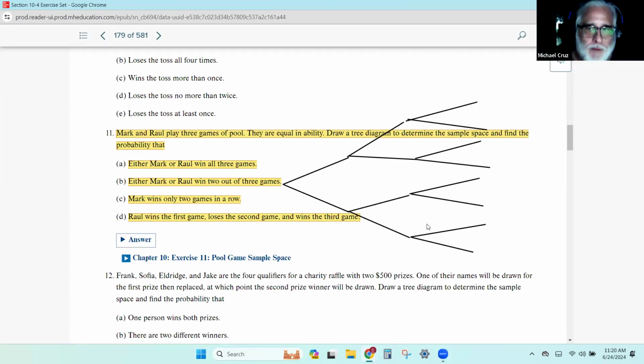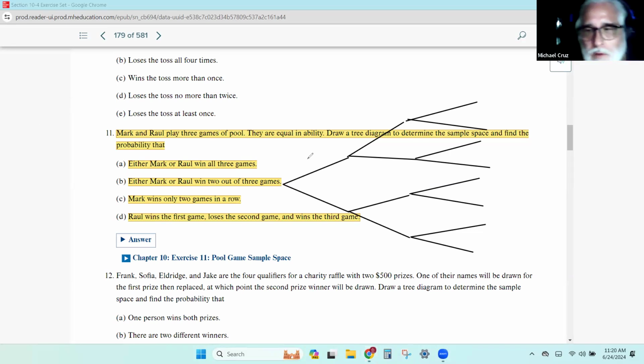So what we got here is a simple pool game where these two guys are playing 3 games of pool, and each time they play, we're going to have one win. It says equal ability, so it's just a matter of probability whether they're going to win or not.